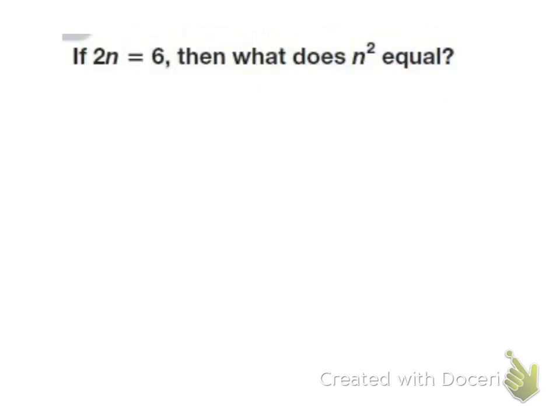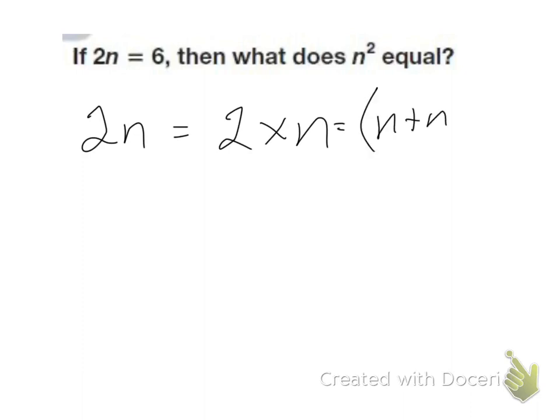This says if 2 times n equals 6, what does n squared equal? So we have to take 2 steps. Remember, the expression 2n is the same as 2 times n, or the same as n plus n. So if 2n equals 6, then we are thinking 2 times what equals 6?